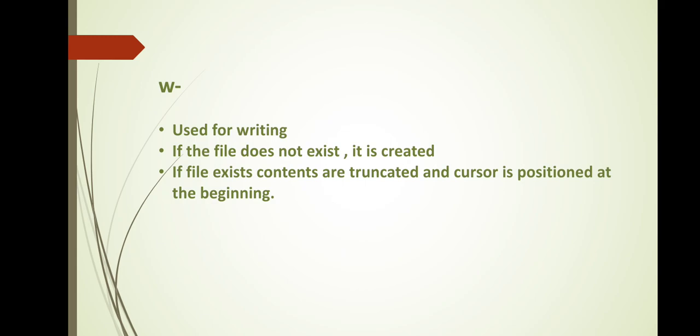It will delete the already existing contents of the file and place the cursor at the beginning of the file, so that you are going to write onto the file from the very beginning as a fresh file. Okay, you have to remember this important feature of W mode. It truncates, it deletes all the contents of the already existing file. An example, see W mode.